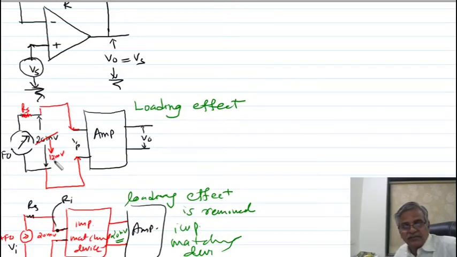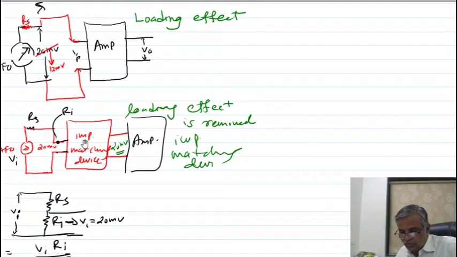This loading effect takes place because the impedance of the AFO and the input impedance of the amplifier are not matched. So to avoid this problem, we have kept an impedance matching device between the AFO and the amplifier. By calculation I have shown you the voltage at this point is nothing but V1.